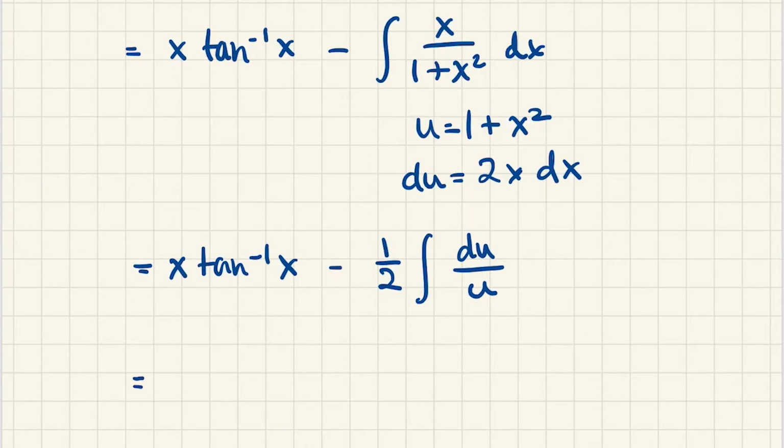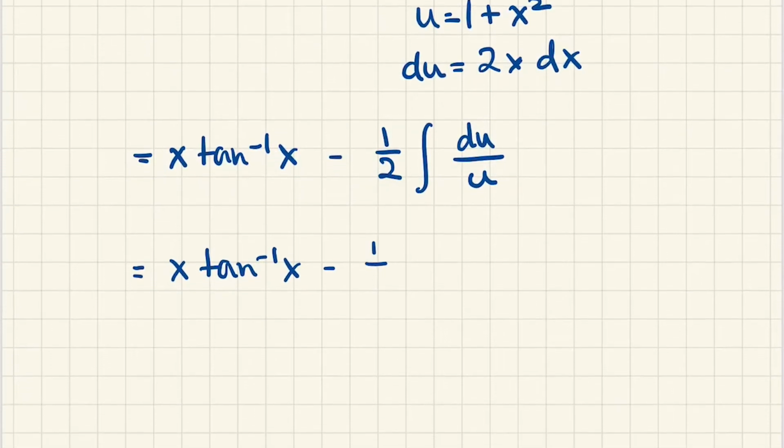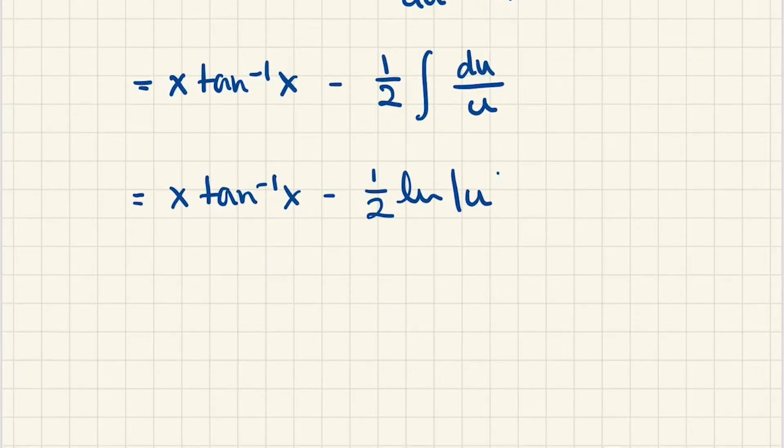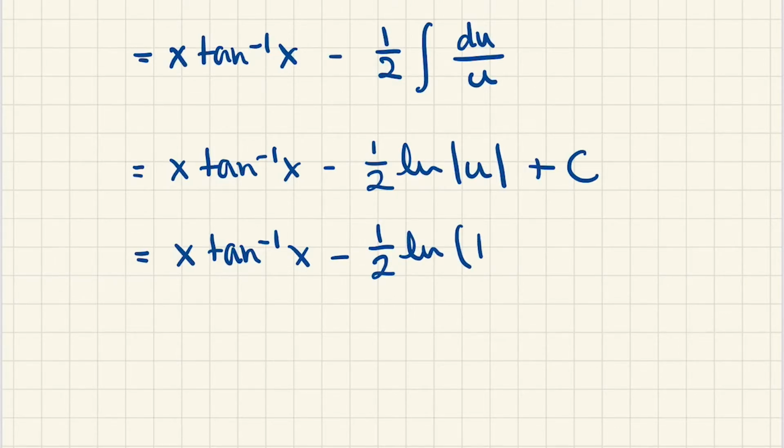So this is going to be x times inverse tangent of x minus 1/2 ln of the absolute value of u plus a constant. That constant's needed. We unwrapped our last integral here. So all we have to do is convert u back over to x's. And since 1 plus x squared is naturally a positive expression, the absolute value bars are unnecessary. So there we go.